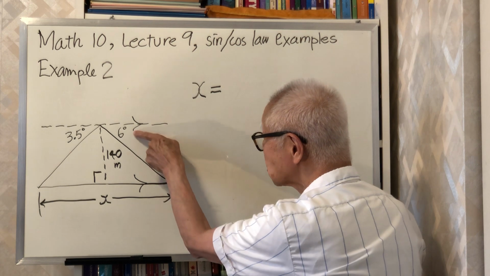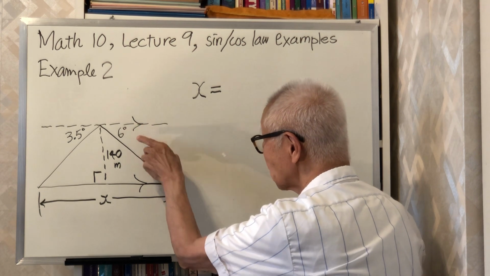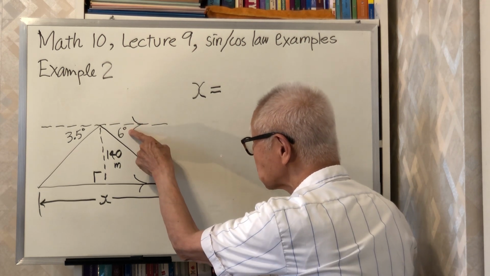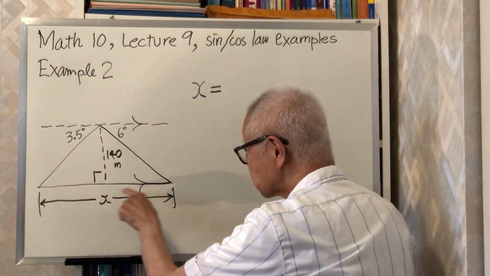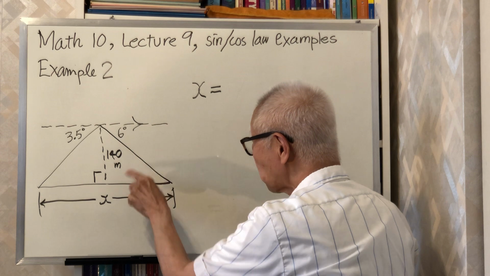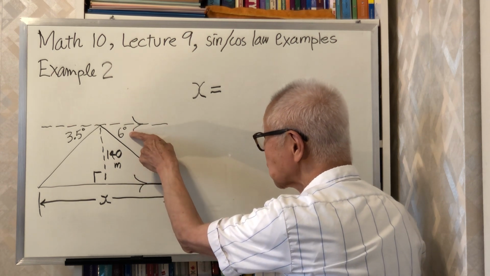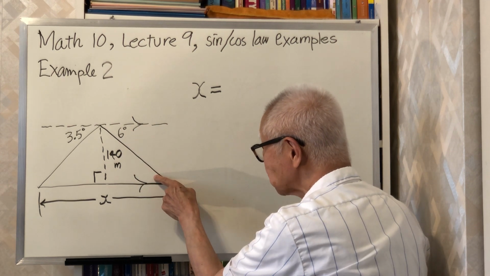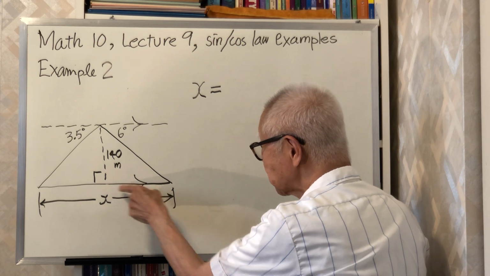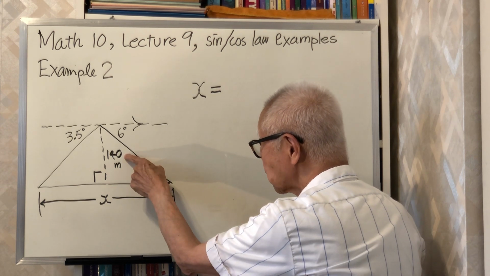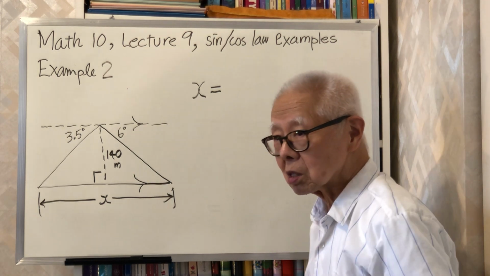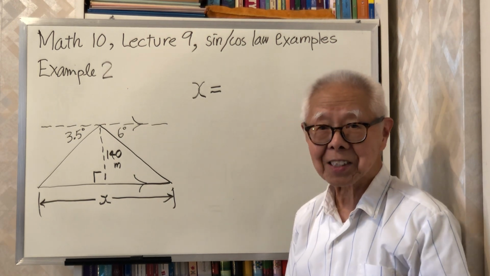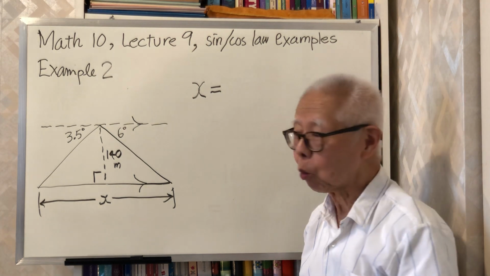This angle is not 60, it is 6 degrees, because this dotted line and the base are parallel, so this 6 degrees is the same as this angle. So this line segment is 140 divided by tangent 6 degrees. The reason is exactly the same as example 1.